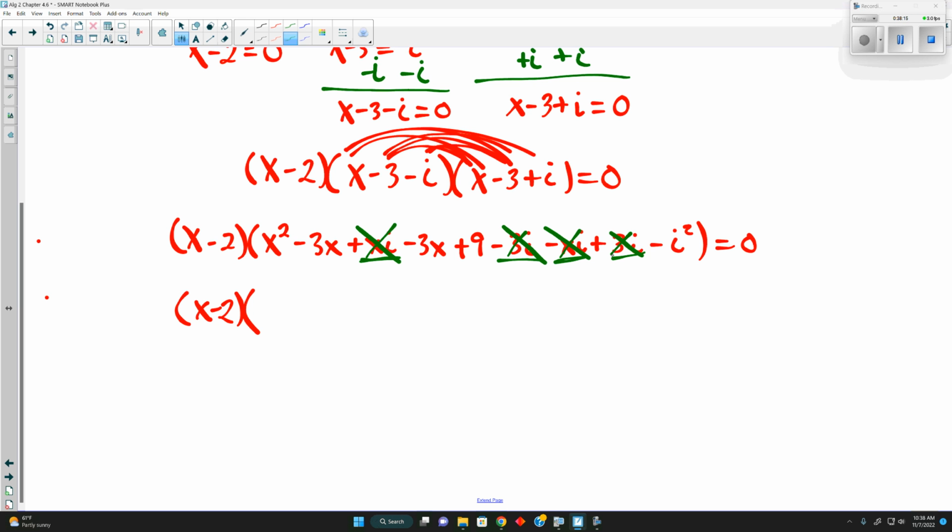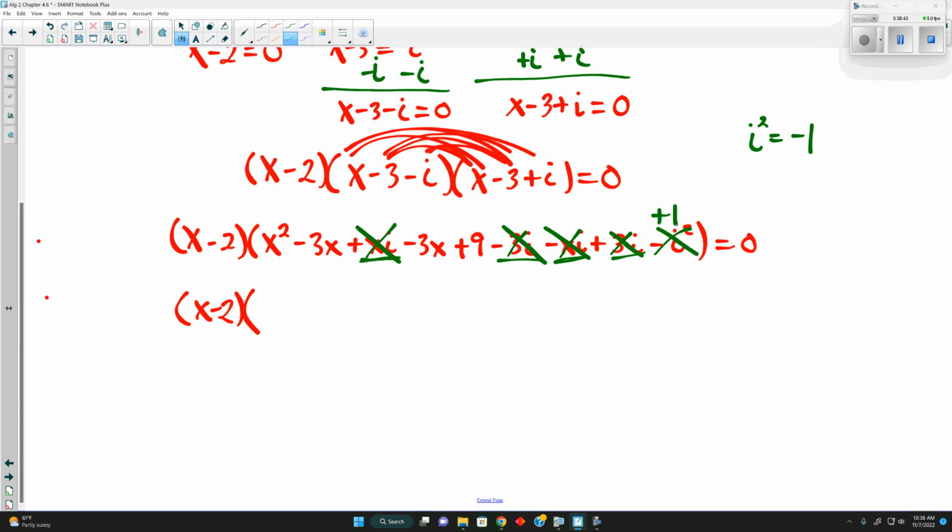Now we do have one i term left, yes? Negative i squared. Well, i squared is what? Negative 1. So if we have negative 1, what is this really? Plus 1.